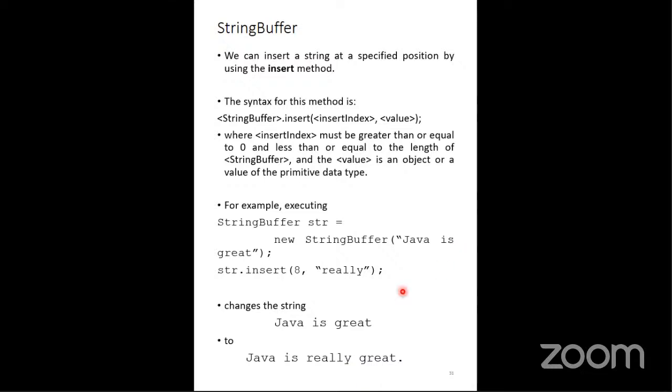So this new value, really, is inserted in the middle of this existing string buffer. This is how you can manipulate the string using insert, append, and so many other methods like replace and all.